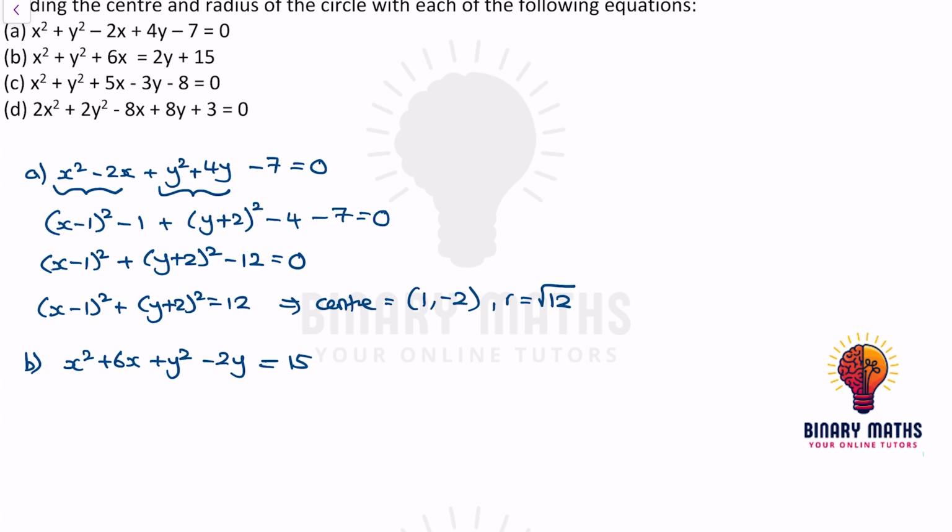Complete the square with the x, I get (x + 3)² - 9, plus (y - 1)² - 1, is equal to 15.